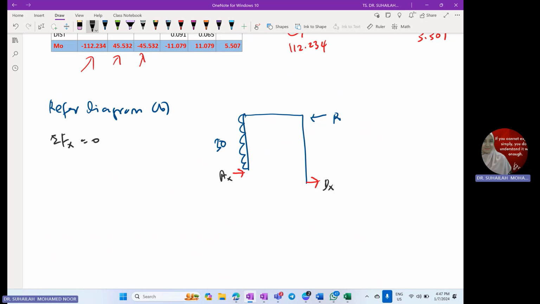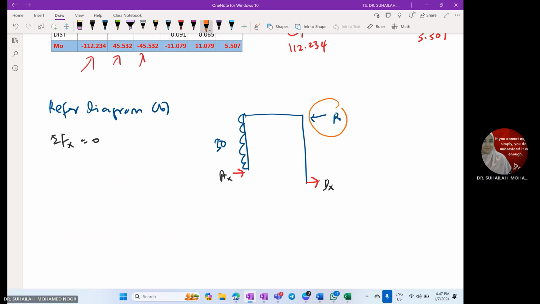Okay, so from this, we have to write the equation based on total Fx equals 0 because our intention now is to calculate R. So R, we can calculate using the summation of horizontal forces in this diagram.